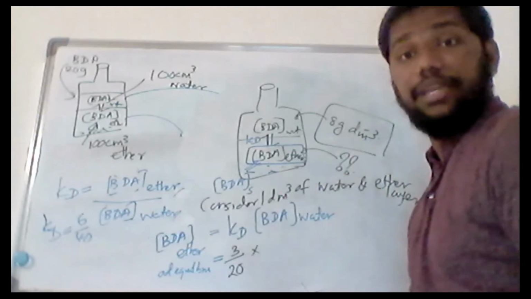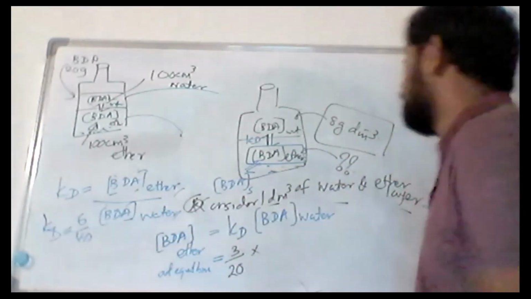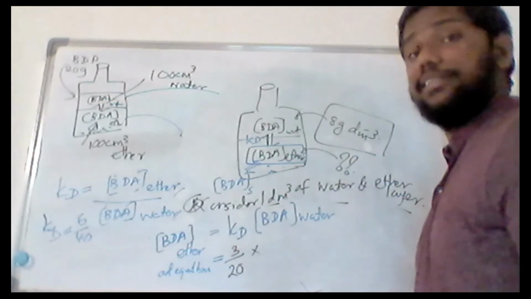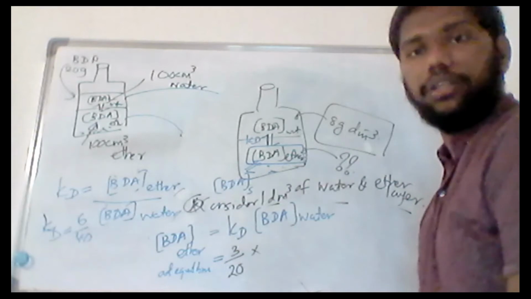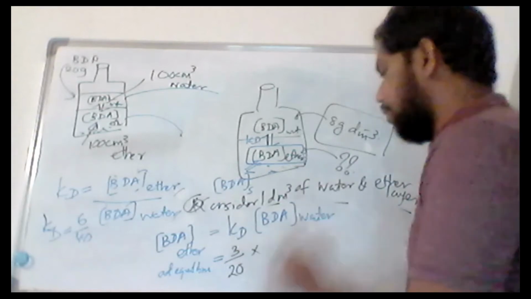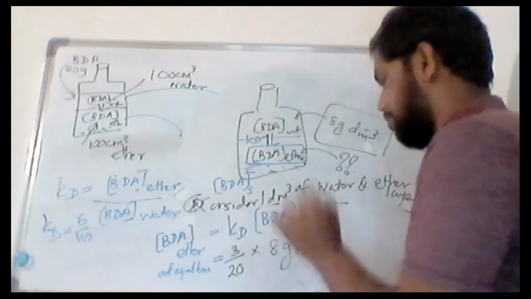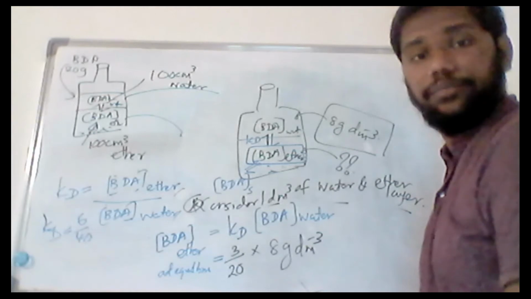because your work will be easy. If you write 1 decimeter cubed of water and ether, you can directly use this 8 grams per decimeter cubed as the concentration of BDA in water, because that is the solubility in water. So here your value is going to be 8 grams per decimeter cubed, because this is also a form of concentration.